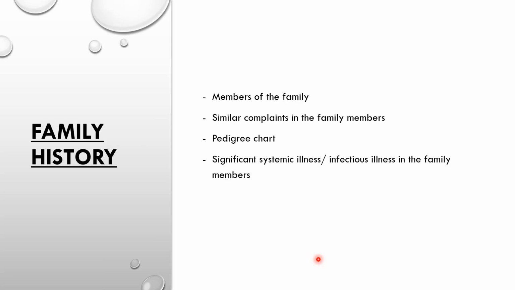Then coming to the family history, again, this is very important. You have to note what all members are present in the family, who all are there. If there is a similar complaint in the family members, that could suggest a hereditary disorder.